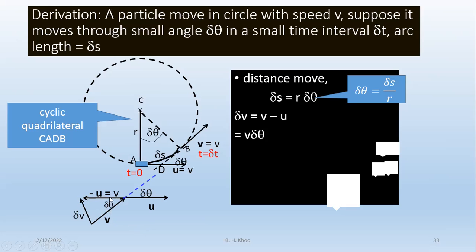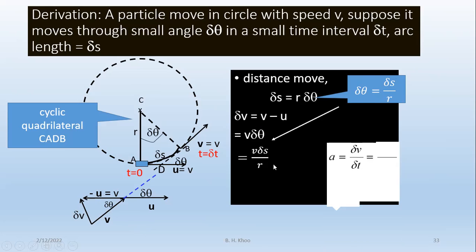Same idea: radius times angle gives your delta V. Okay, then we replace that delta theta with delta S over R, and we get delta V equals V delta S over R. Then we go to our definition, a equals delta V over delta T. Replace delta V into here, so we get V delta S over R, and that delta T is just delta T here.